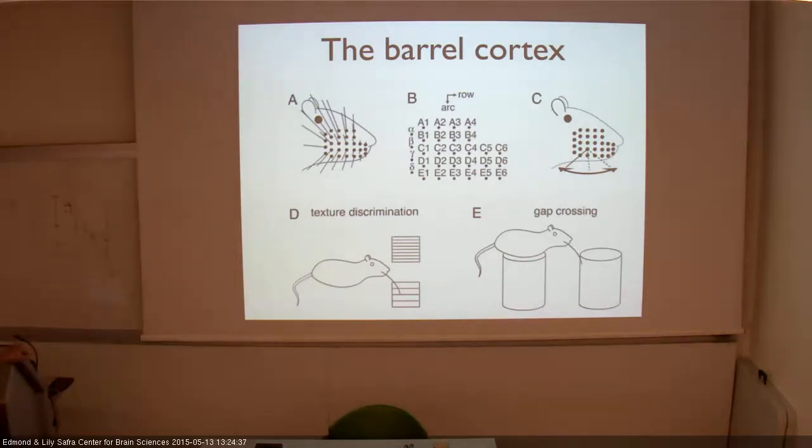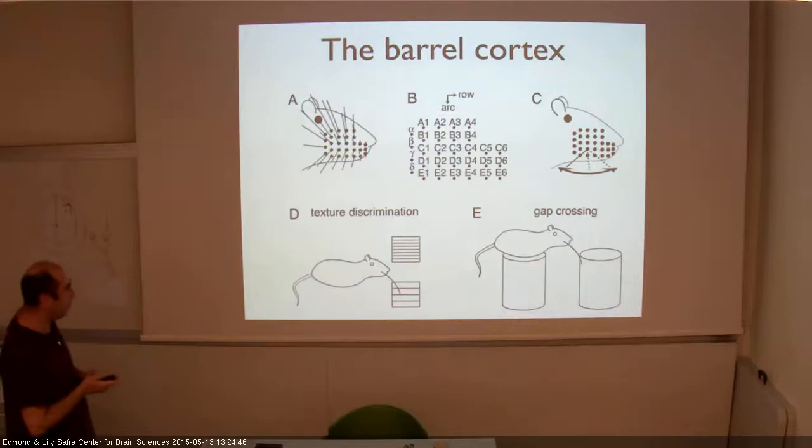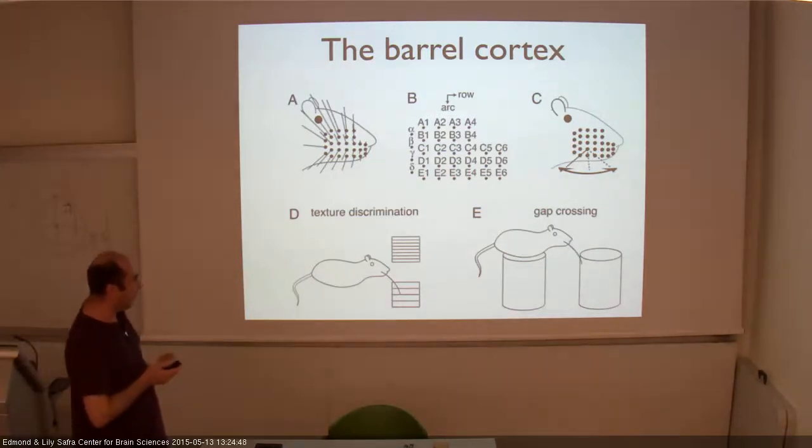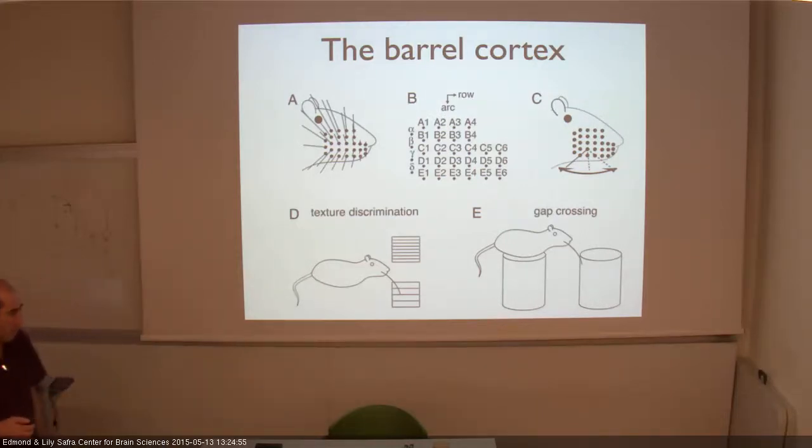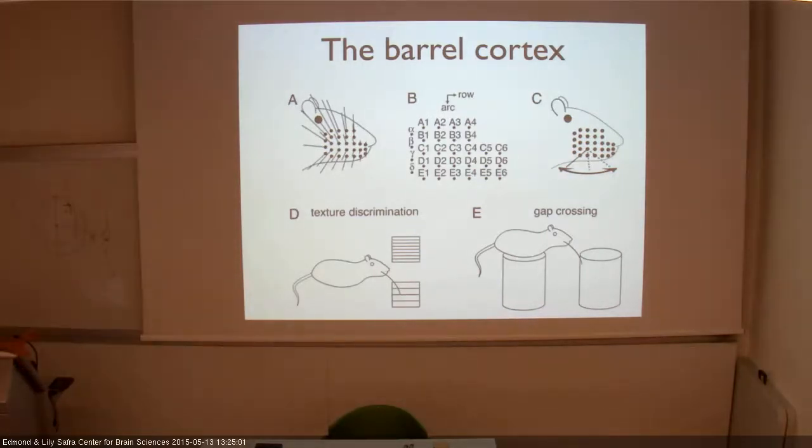So these days, the model system for somatosensory cortex, we almost always talk about barrel cortex, and not clearly because you study somatosensory, but anyway, it is a somatosensory system, so let's talk about it like that.